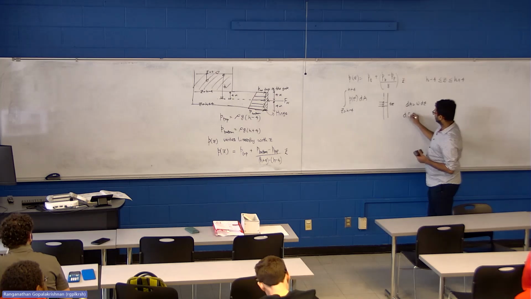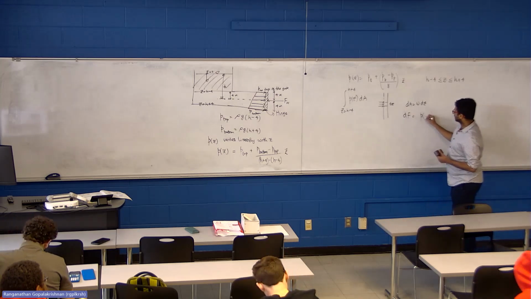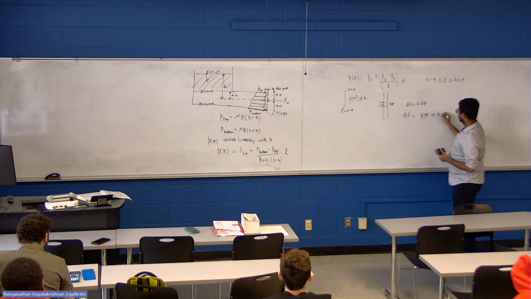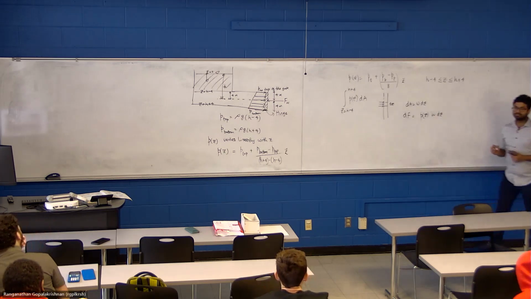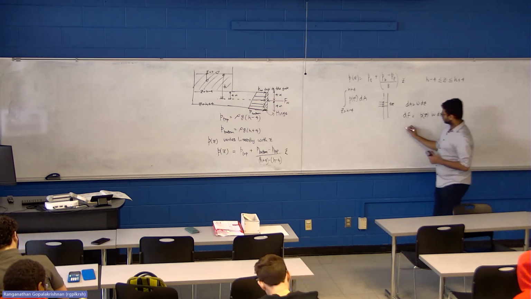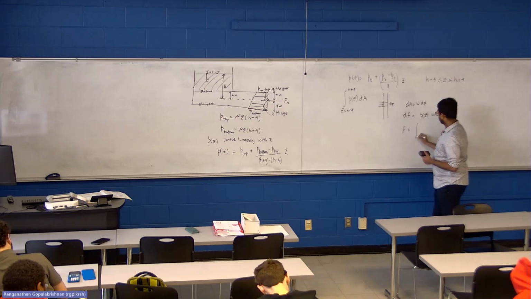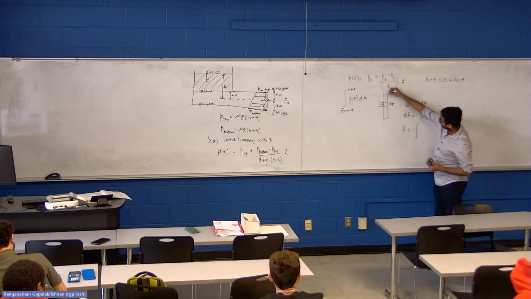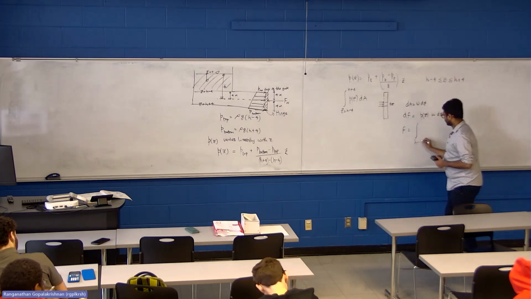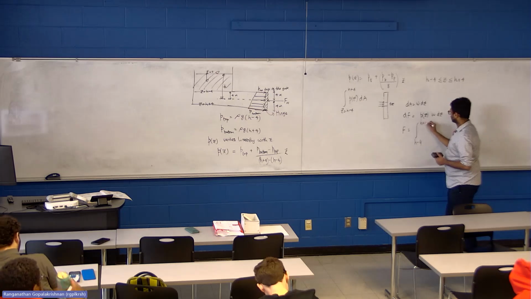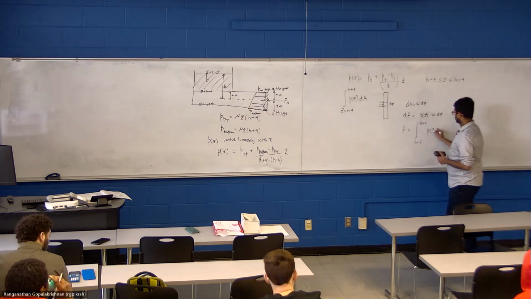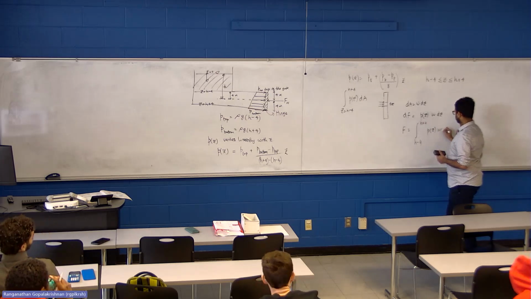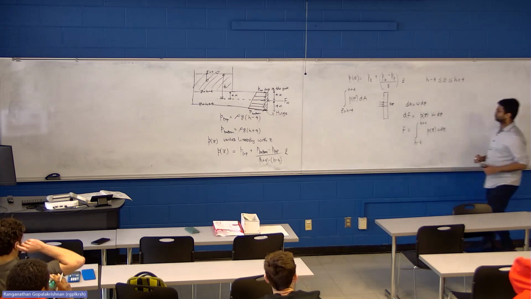The force on this little element is the pressure at that height multiplied by the area. And then if I want the total force, I would have to integrate over the entire height of the gate, which runs from h minus 4 to h plus 4, P(z) W dz.